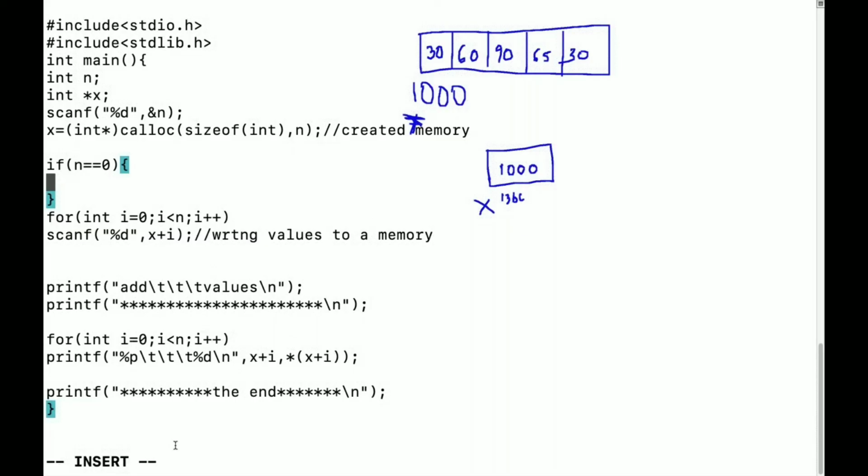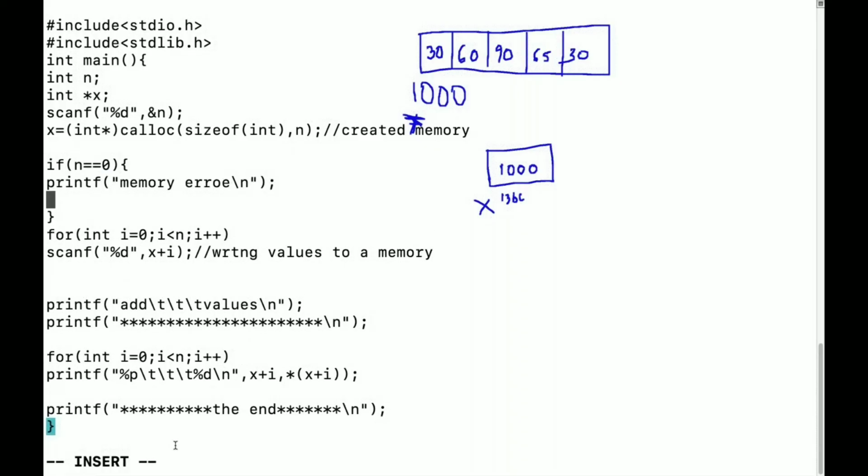You can write x is equal to NULL, or n is equal to 0. Then I'll use printf to print a message, memory error, with slash n. After this, I don't want to print anything. I want to terminate my program, so I'll use the exit function with 0 here. It will break down and exit my program.